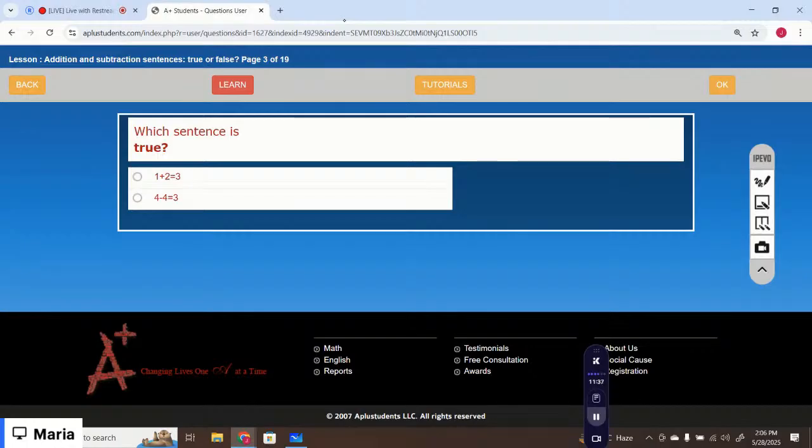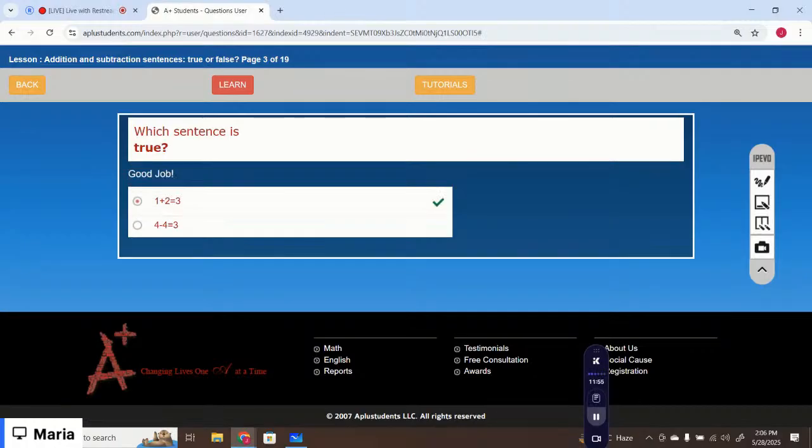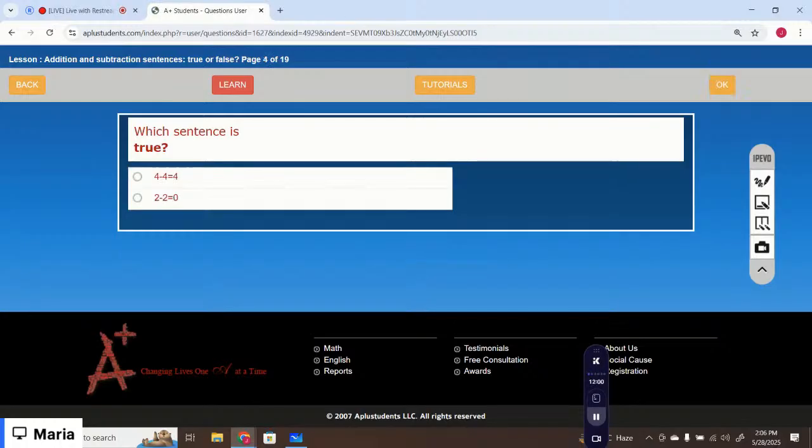Which sentence is true, which is the correct option? Option number one is the correct one, that is 1 plus 2 equals 3. Option one is the correct option. Which sentence is true?